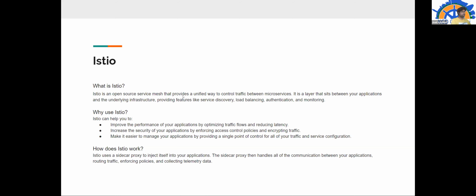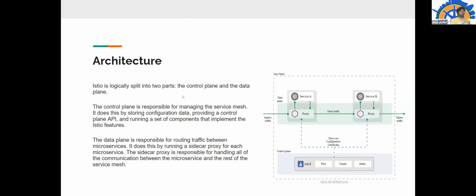Now, moving along to why and how Istio works. I'll take you to the top-level view of the Istio architecture, which is the same as the generic service mesh architecture. We have a data plane and a control plane. All the policies, configurations, and certificate management are managed and maintained by the control plane.